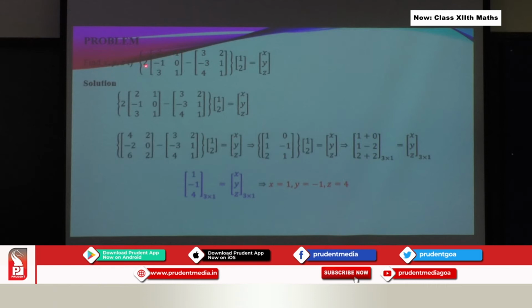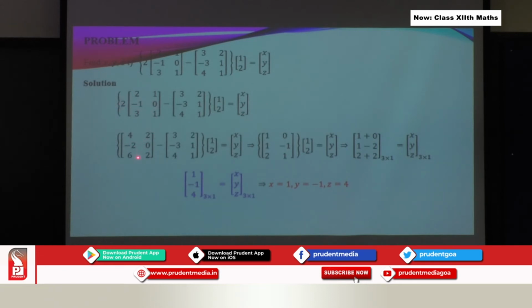So I am getting 2 here, which is multiplied to this matrix. It's scalar multiplication, so 2 will get multiplied to every entry, and here I am getting 2 into 2 is 4, then 2 into 1 is 2, then 2 into minus 1 is minus 2.